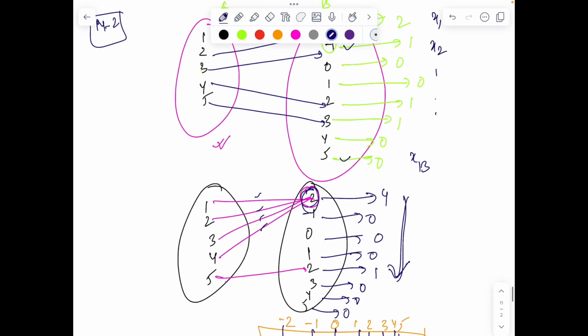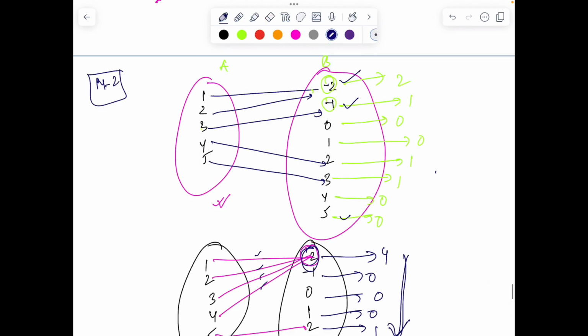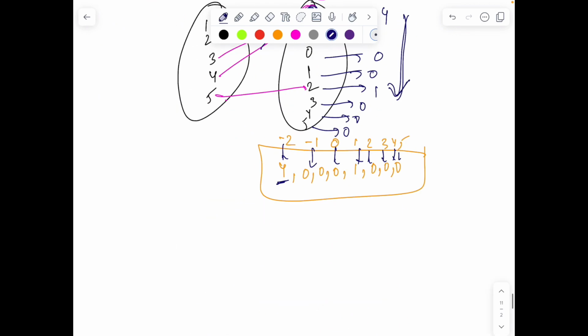Because let's say the first object will have x1 number of connections, the second is having x2 number of connections, and the last, x8, has x8 number of connections. So suppose -2 is having x1 number of connections in general, because it can have 0 connections, 1, 2, 3, 4, 5, and the second element -1 is having x2 number of connections, 0 is having x3, let's say 5 is having x8 number of connections.